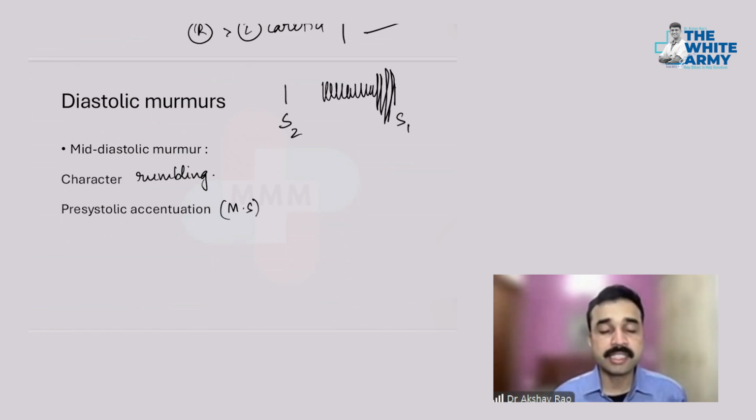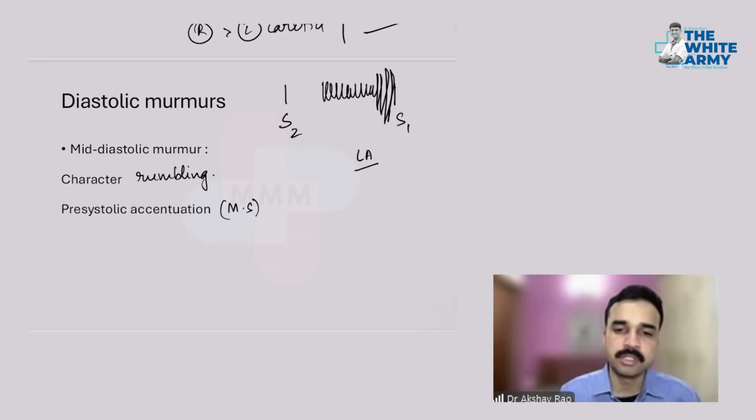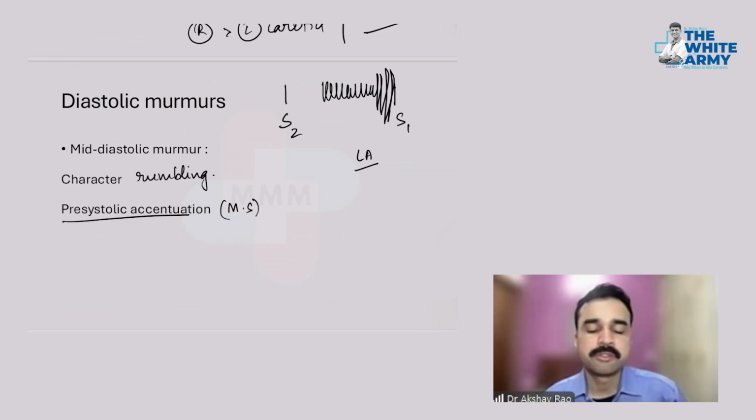Why this increase in intensity? That's because the left atrium will contract just before the S1. During the late rapid filling phase of diastole, the left atrium will contract, and this will force the blood through the narrow mitral valve area. That will produce an increase in the turbulence, an increase in the intensity of the murmur. That's called pre-systolic accentuation, PSA, which is a feature of mitral stenosis.